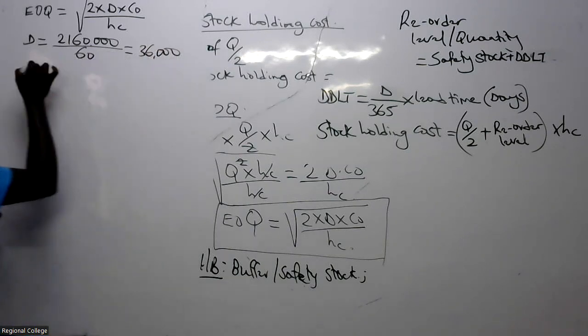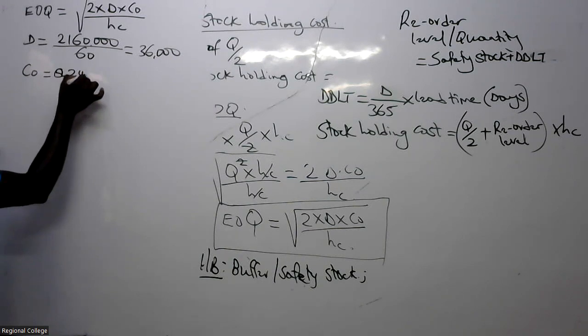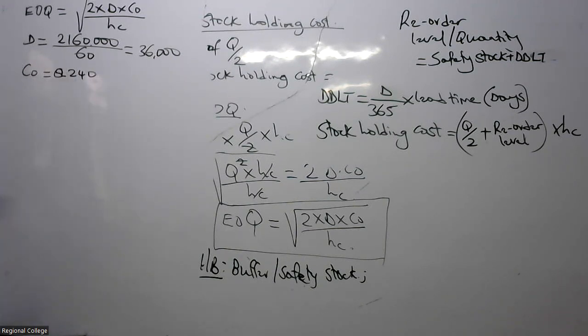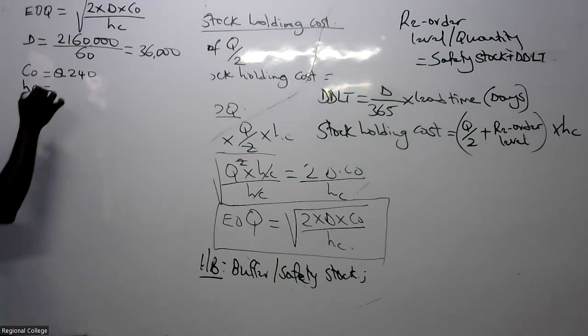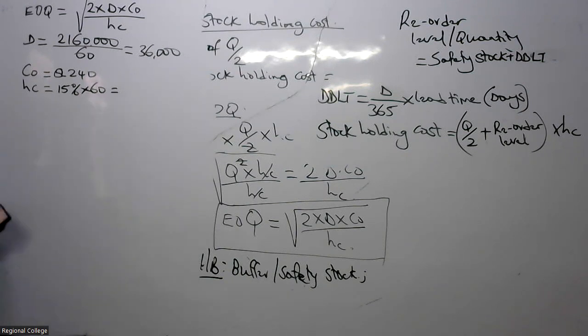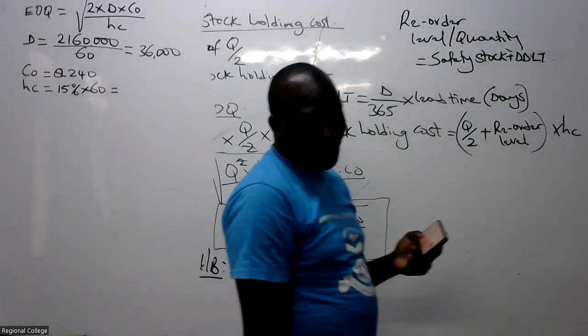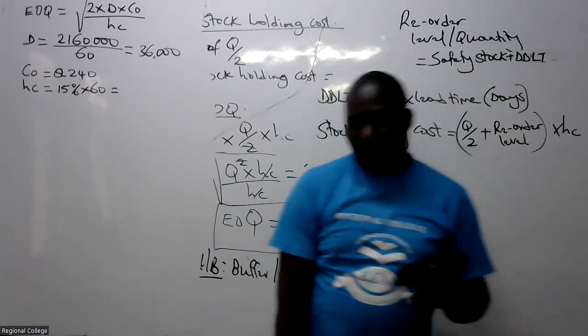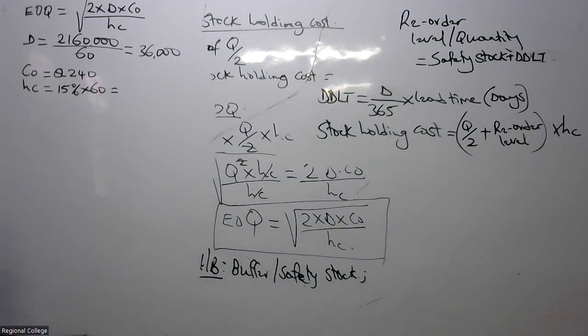That is our D. What is our C? Cost per order is 240. What is our holding cost per unit? 15% of 60. So how much is that? Remember D is quantity, not value.